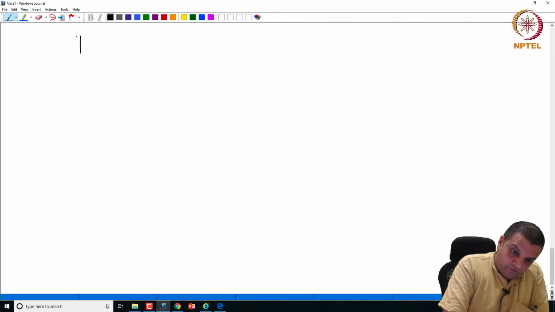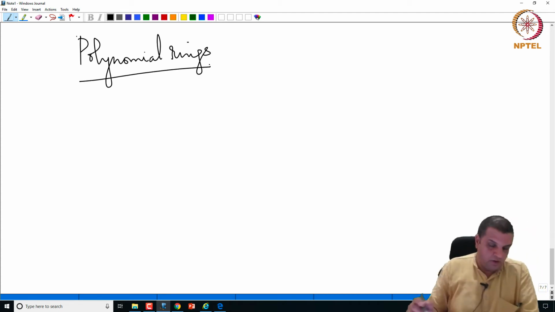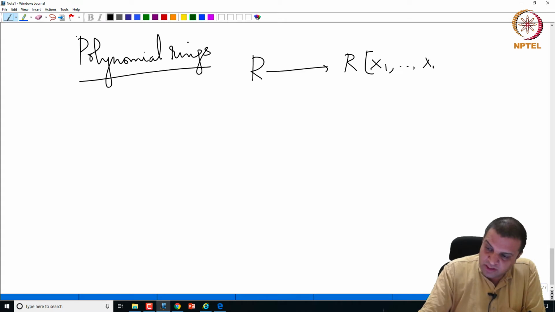Polynomial rings. So then there is a map from R to R adjoin x1 through xn.